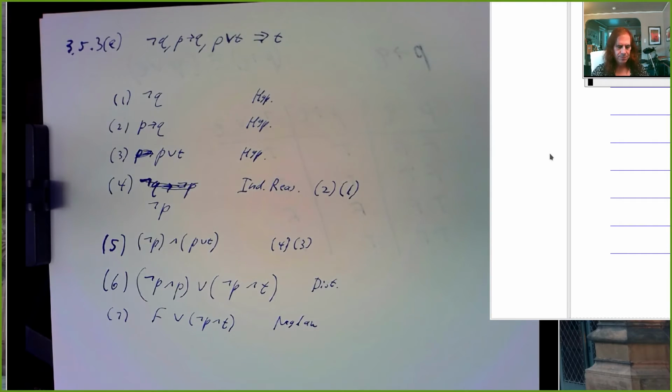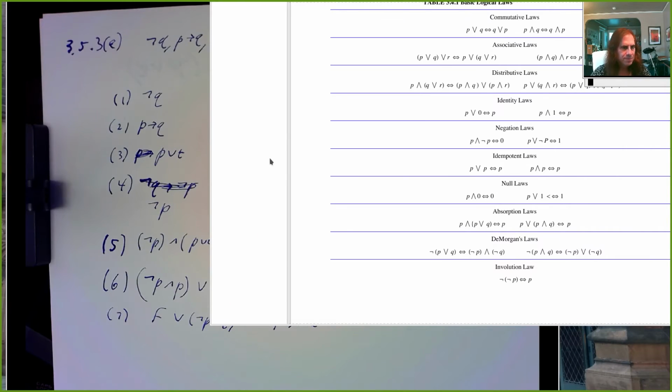Should that be false or? Yeah, I thought negation was a biconditional. So it's saying that P and not P is equivalent to false. So I can replace P and not P with false.